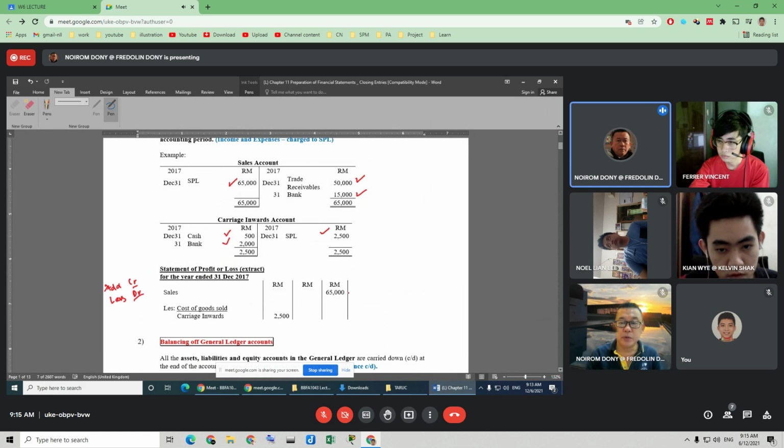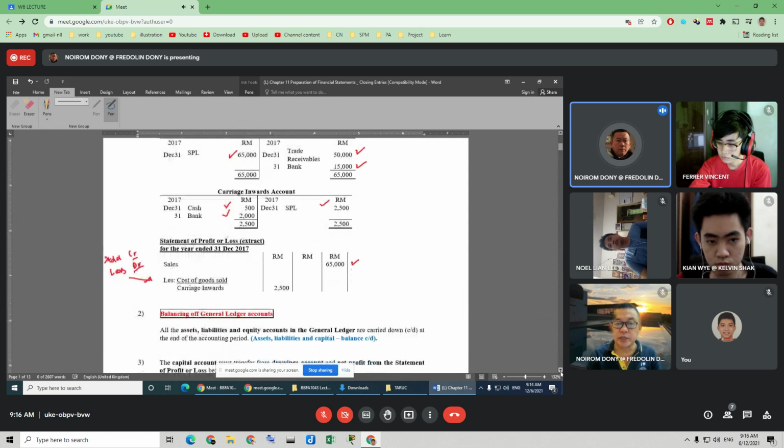So we put 65,000 in the last column, because sales is always on the top. Carriage inward is one of the cost of goods sold, so you look at this, this is less, and less is debit. So we already posted. We charge revenue and expenses into the statement of profit or loss. In the end, we only have profit to represent the revenue and expenses. That is the first process.